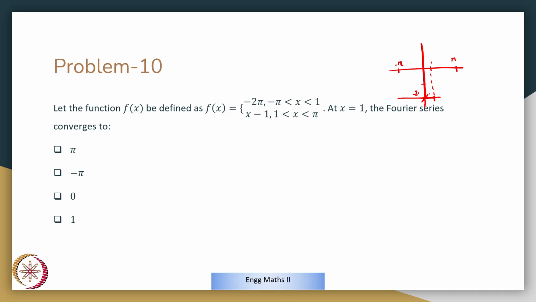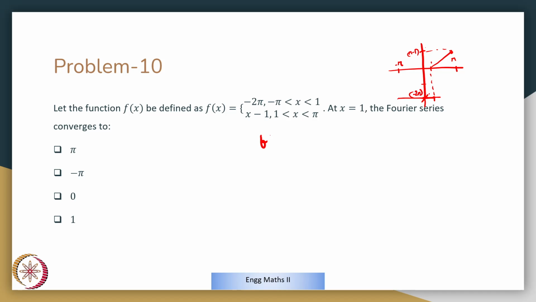This is minus 2 pi, and then it increases like this. It goes up to a maximum value of pi minus 1. And we are asked to comment on how the Fourier series converges.